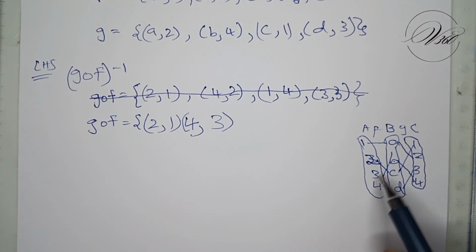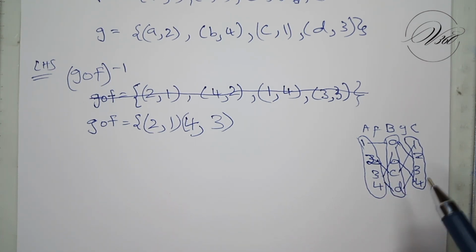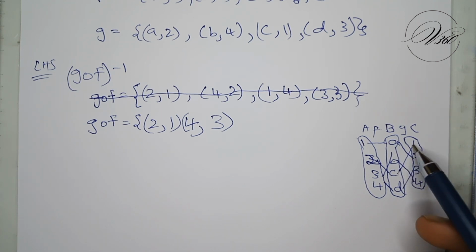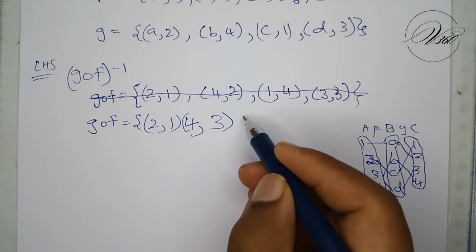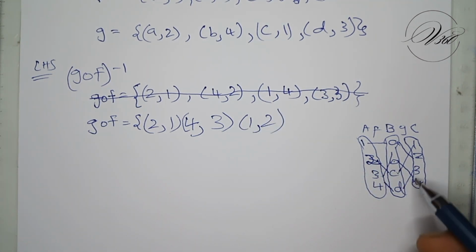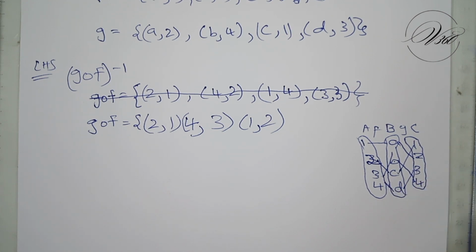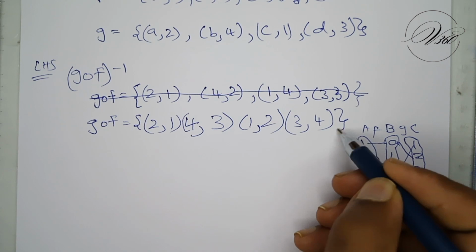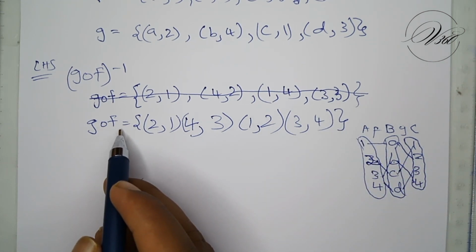Then for c, 1 comma 2, and for d, 3 comma 4. This is the answer for g of f.